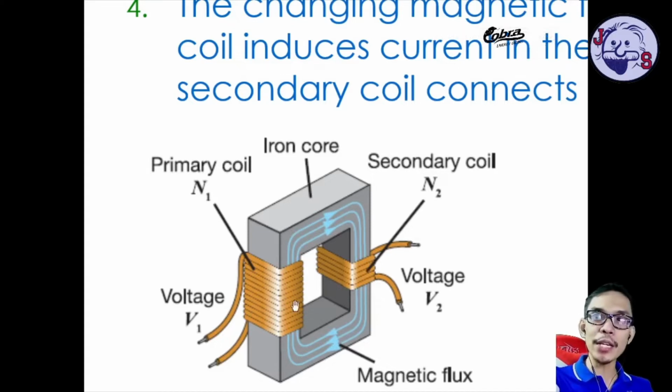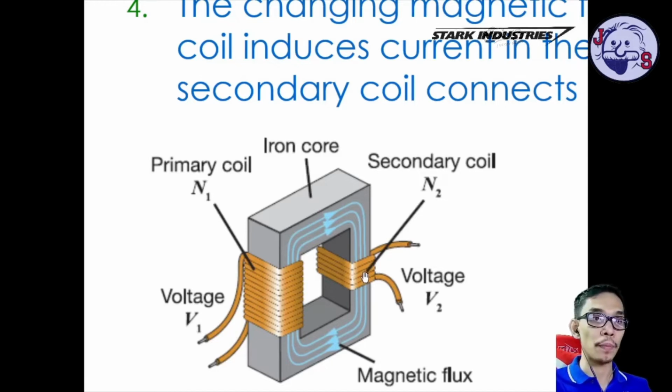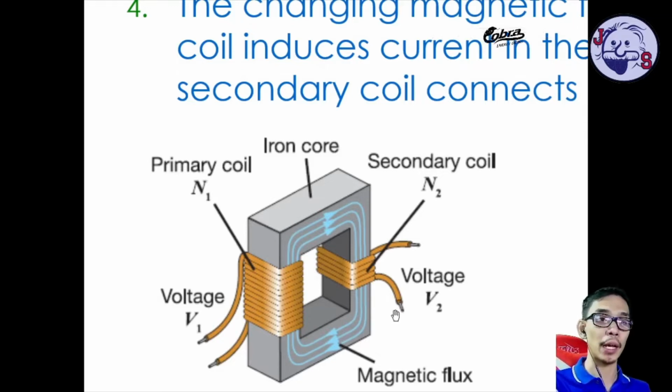Since it is an alternating current, as it changes, it induces current on the secondary coil, thus creating an electrical current that will be useful to many electrical appliances. This is a typical build of your transformer. It has a primary coil with a voltage, a secondary coil, and an iron core.